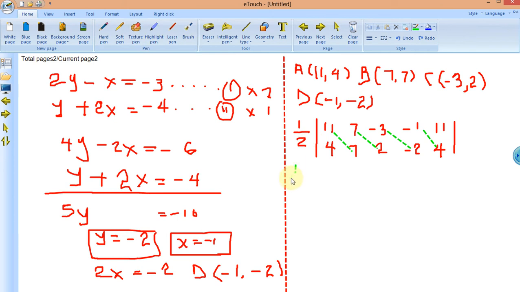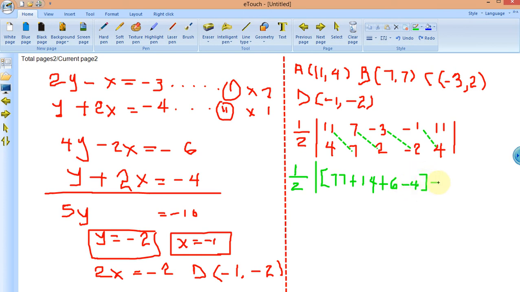So half, then absolute value of, then I can open the, let me use a square bracket now. So 11 times 7, that is 77, plus 7 times 2, that is 14, plus -3 times -2, that is 6, plus -1 times -4, that is -4. Then you can close it now.